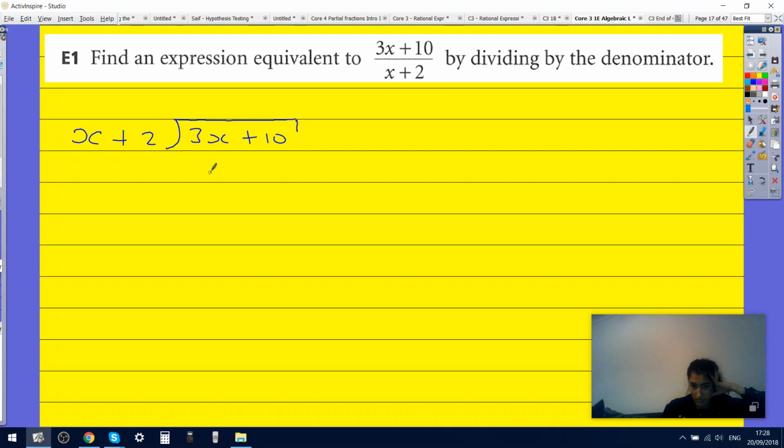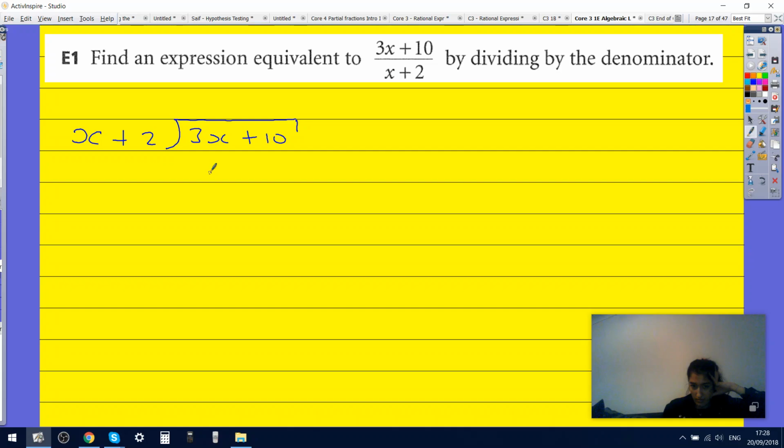And the way you divide it in is you say how many x's on the outside are in the x's on the inside. 3. Yeah. And so what is x plus 2 times 3? 3x plus 6. What do you get? 4.